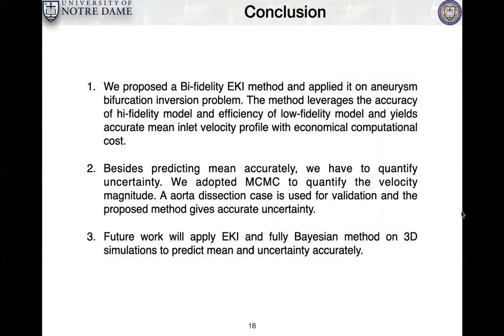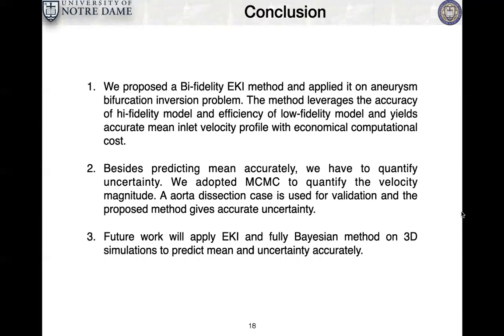So to summarize, we proposed a bifidelity ensemble Kalman inversion method and applied our method on the aneurysm bifurcation case. The method leveraged the accuracy of the high fidelity model and the efficiency of the low fidelity model, and yields an accurate mean inlet velocity profile with economical computational cost. Besides predicting the mean accurately, we have to quantify the uncertainty.